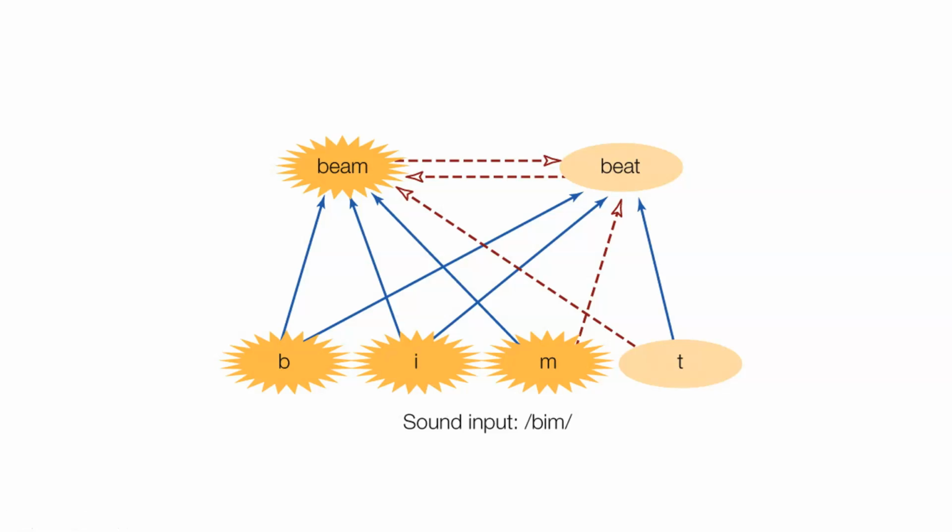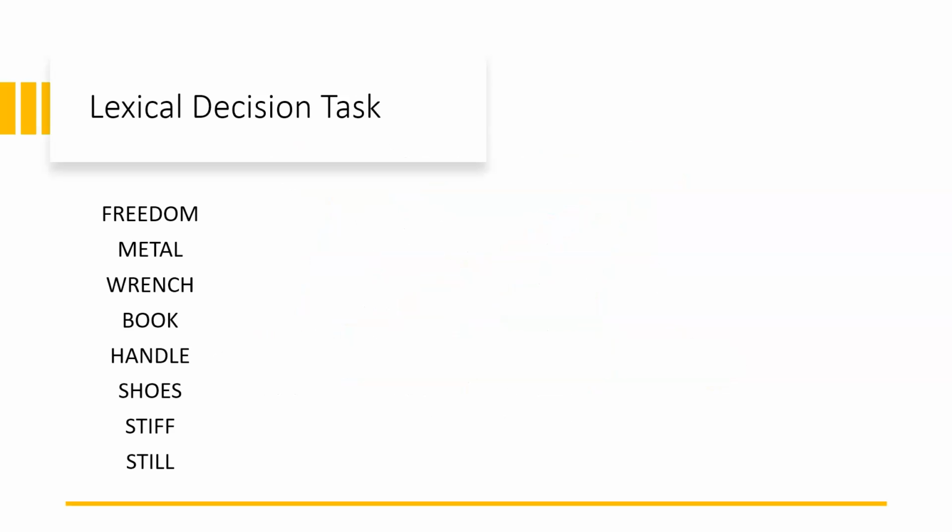And we can see that this is the case using the same methods that we described a minute ago in the lexical decision task. If you had, again, a list of words, some of which, of course, would be nonsense words, and you eventually get to a couple of words that sound similar to each other, like stiff and still, once you read the word stiff, the word still is less likely to be activated.